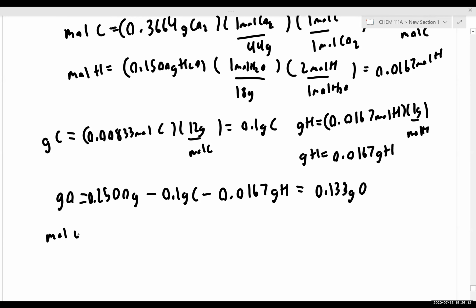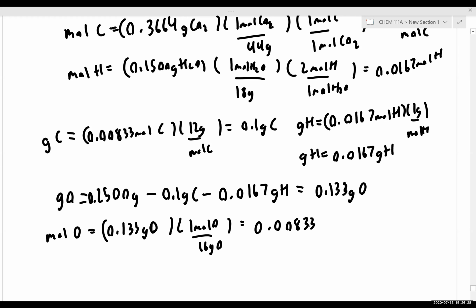So now to calculate our moles of oxygen, we have 0.133 grams of oxygen times 1 mole of oxygen over 16 grams of oxygen. And that in turn gives us 0.00833 moles of oxygen.